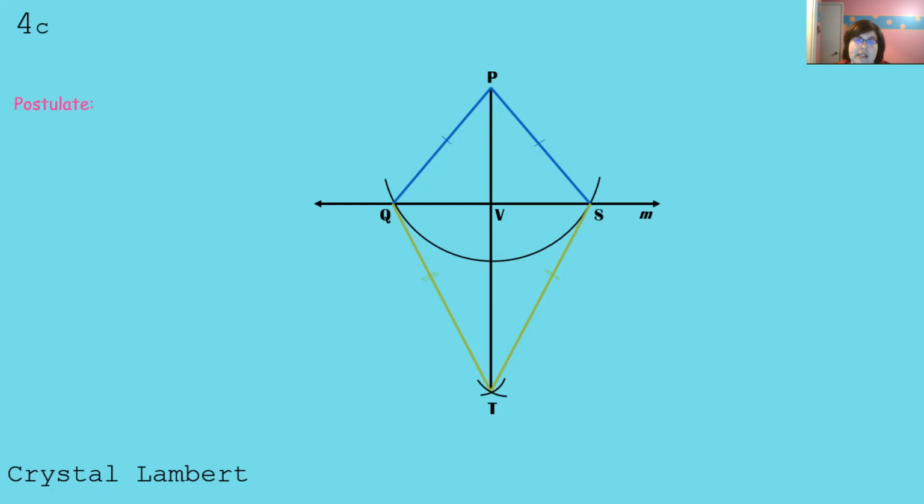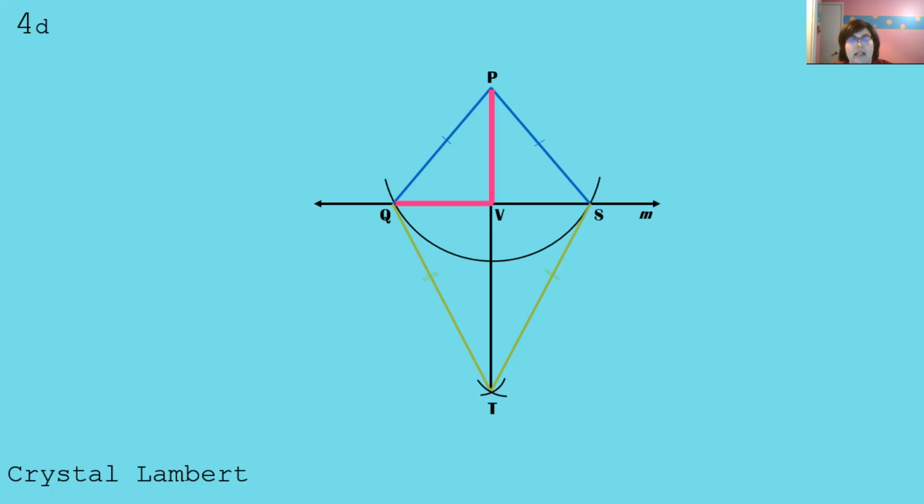So we use the postulate side angle side, because it has two sides of the same length and the same measure, which means they're congruent, and the angles are the same, congruent angles.